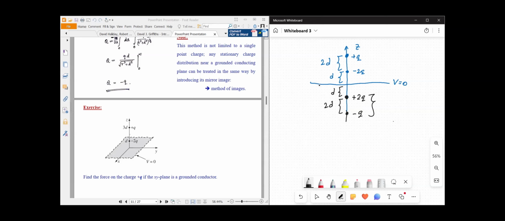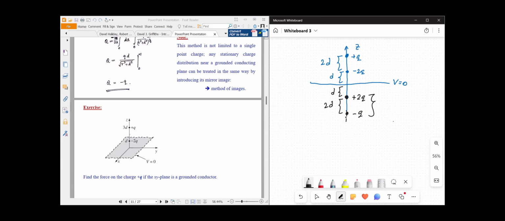Mathematically we showed that when we have a grounded conductor, a certain amount of charge is induced on this conductor. That amount of induced charge and this method of images are mathematically the same. So when we have a grounded conducting plane and charges like this, we can introduce these images.